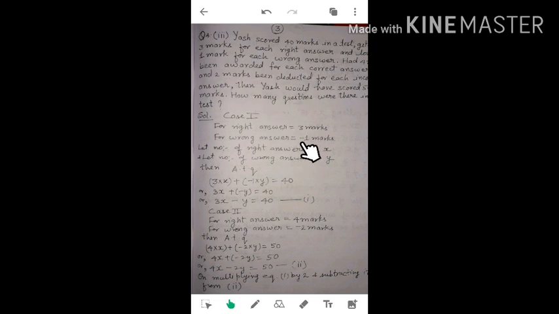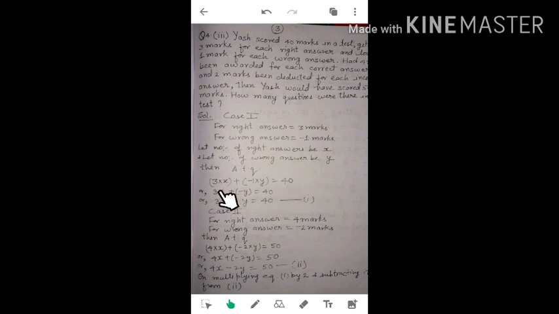So if the number of right answers is x, then 3x marks for correct answers, and let the number of wrong answers be y. So 1 multiplied by y, 1y is being subtracted from 3x: 3x plus (-1) into y is equal to 40. This is the number obtained by him.